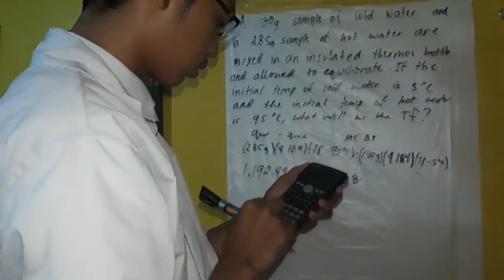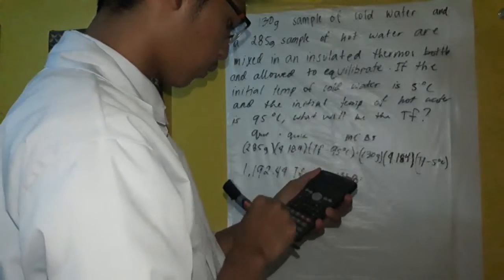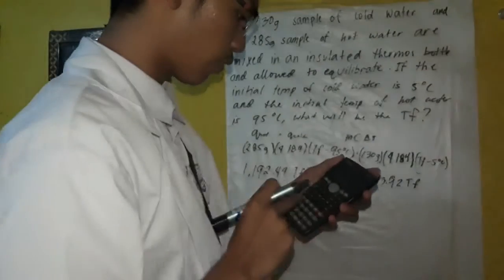Now let's proceed to the Q of cold. 130 times 4.184 is equal to 543.92 TF, then multiplied by negative 5.